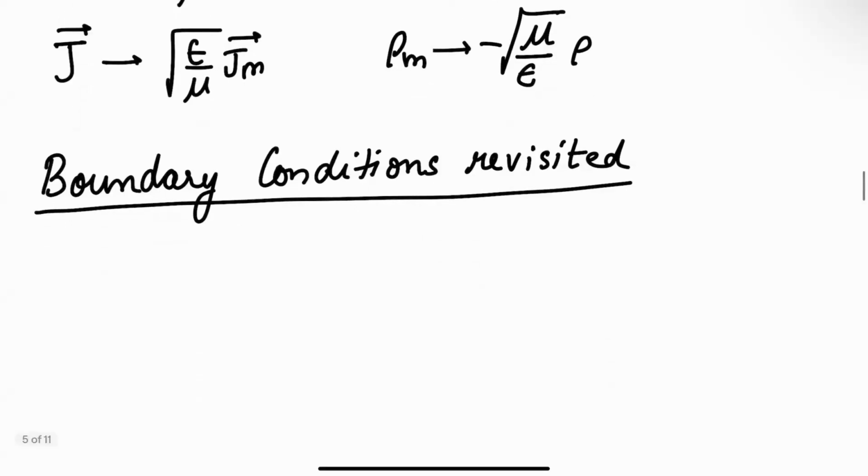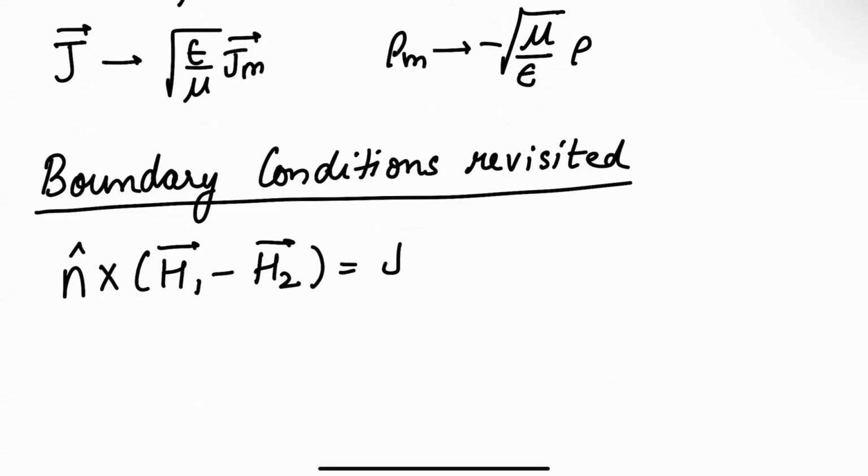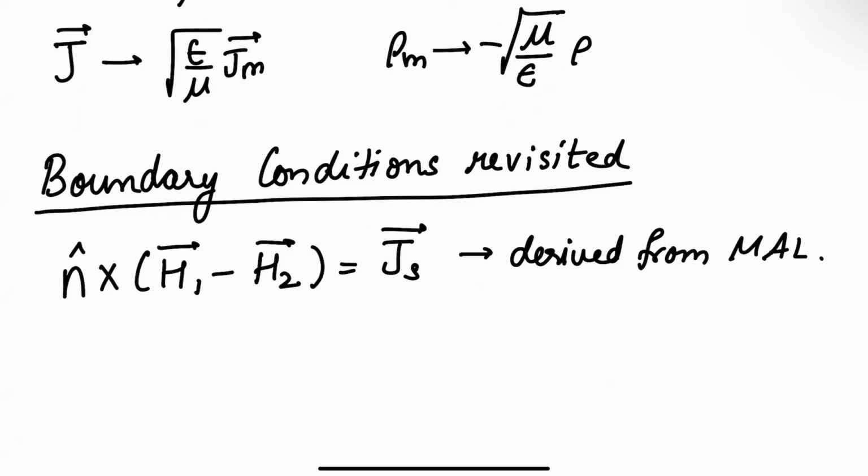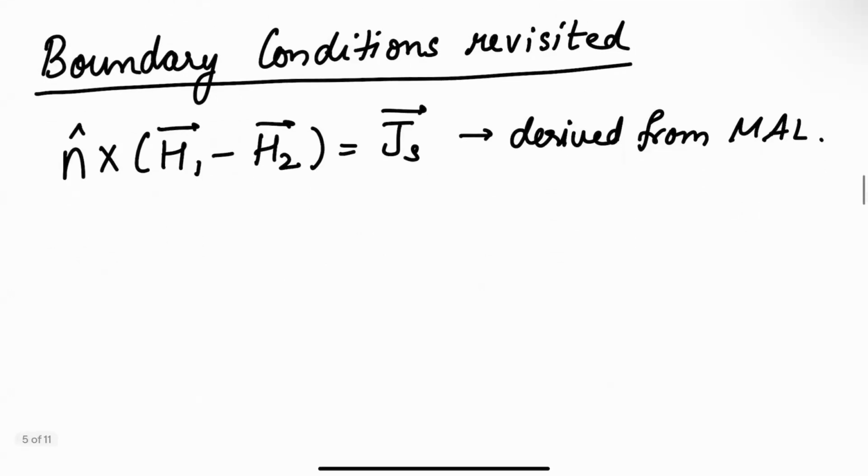We start with our boundary condition for H, which was Js, derived from the modified Ampere's law. We haven't really changed Ampere's law by introducing magnetic currents and charges, so this remains the same.